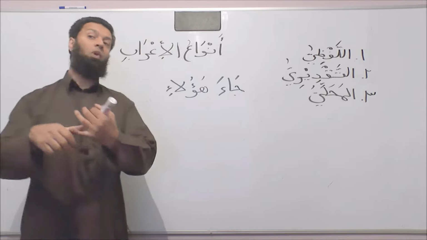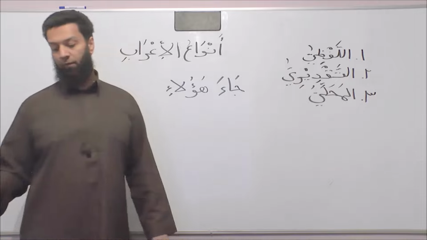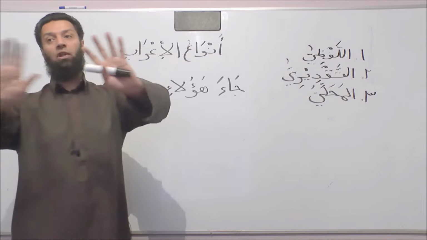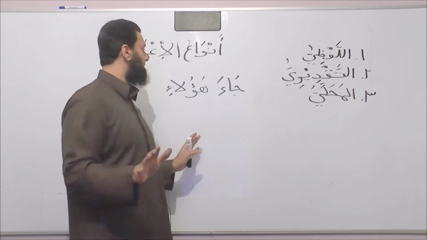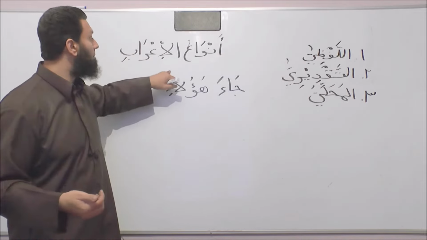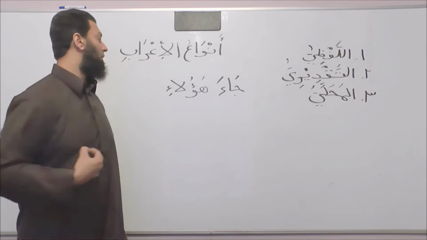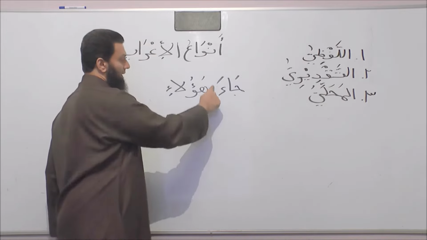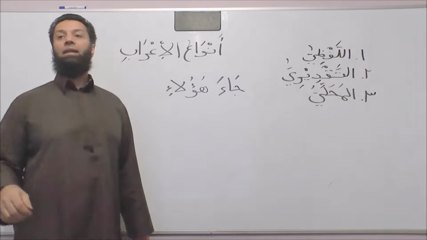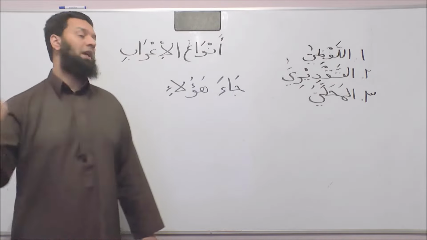If we were to ask what is the indicator of it being the fa'ilun, which ought to be marfu'un, as we now know with complete certainty, we cannot say alamatu raf'ihi ad-dammatu al-zahiratu ala akhirihi. Why not? Because ha'ula'i, this ismun, is mabniyun. It's not mu'rabun. It doesn't ever change.